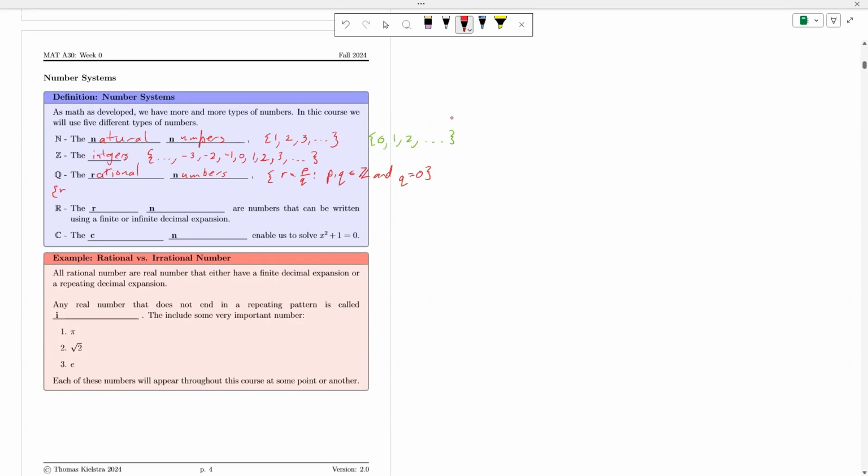We can define it as R equals P over Q, where P is an element of the integers and Q is an element of the natural numbers, where P and Q are co-prime.